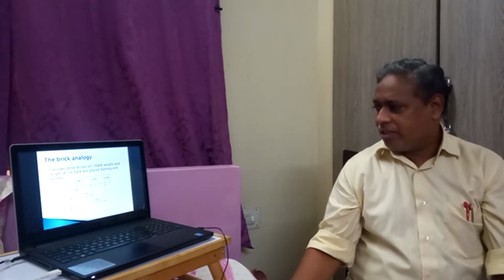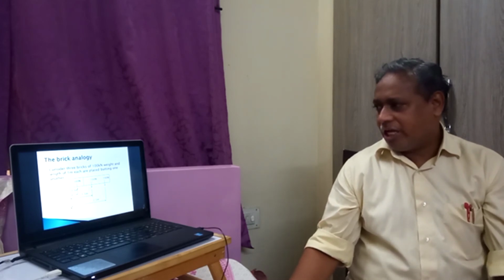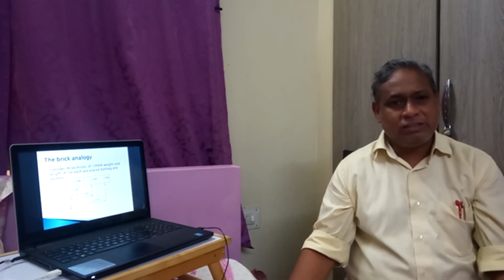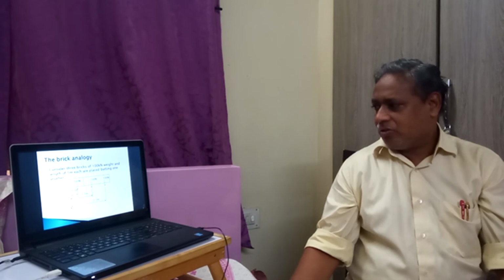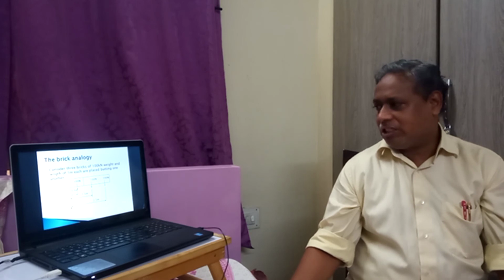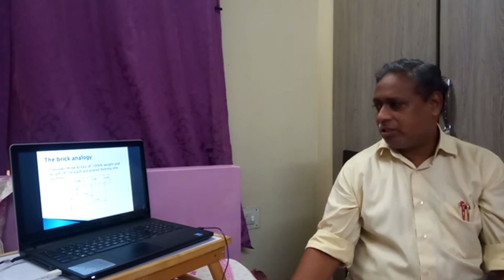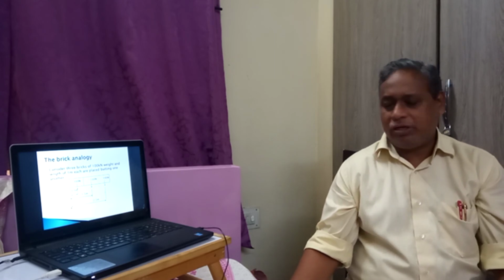The second brick has its middle here, another 0.5. But our axis from which we are measuring is the y-axis, at a distance of some x. So the distance x2 of the second brick is 1.5 meters, because this is 1 meter and this is half a meter. Similarly, the third brick center is at a distance of 2.5 meters, that is, we have crossed two bricks, 2 meters, and half of it, that is 2.5 meters.